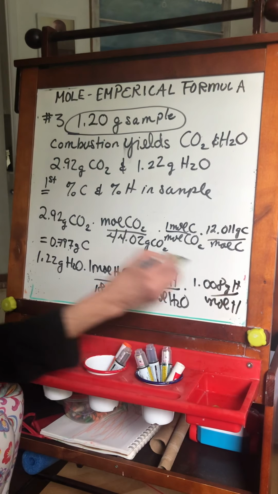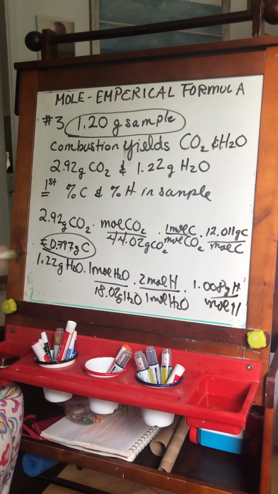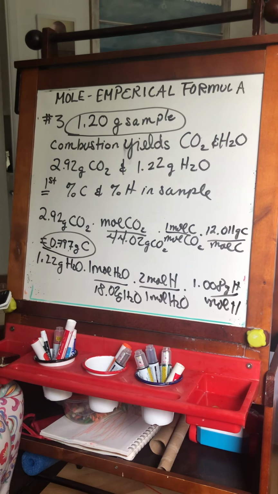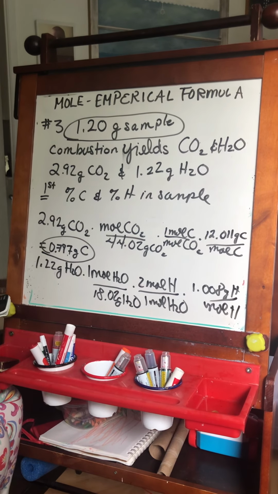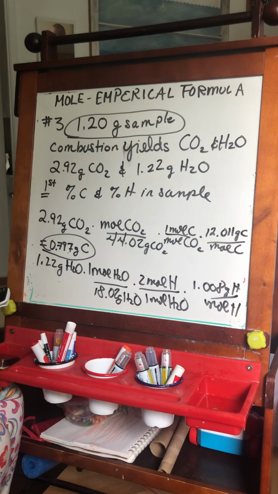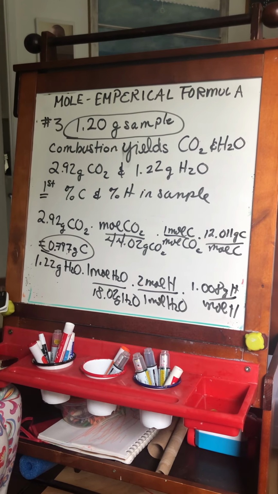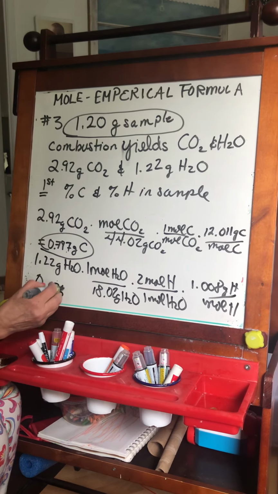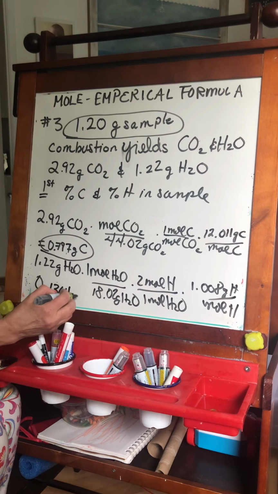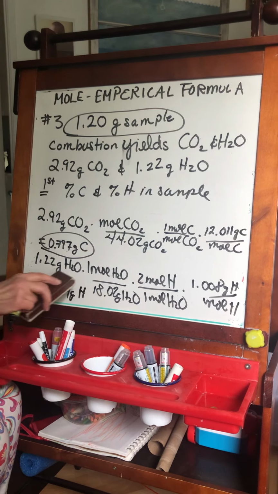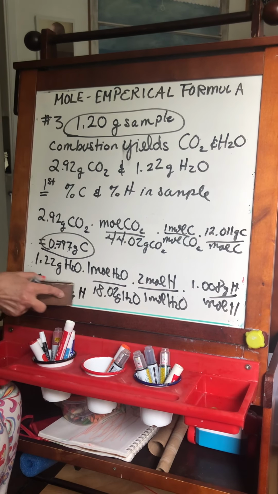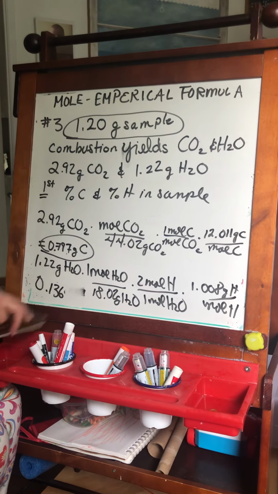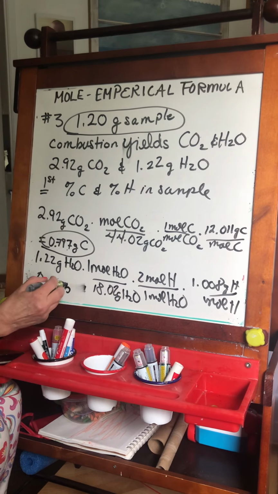So this strictly gives me the grams of carbon and now the grams of hydrogen. 1.22 times 2 times 1.008 divided by 18.02 gives me 0.1364 grams hydrogen. I'll round to the correct number of sig figs at the end, but empirical formula, remember, is a mole to mole ratio, so that would be infinite sig figs.